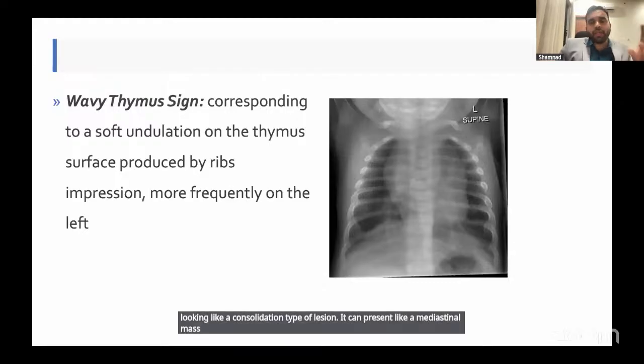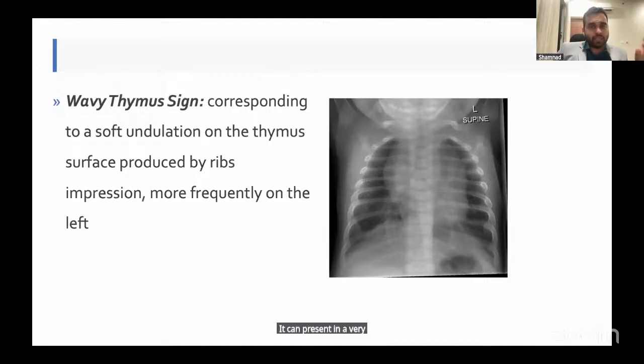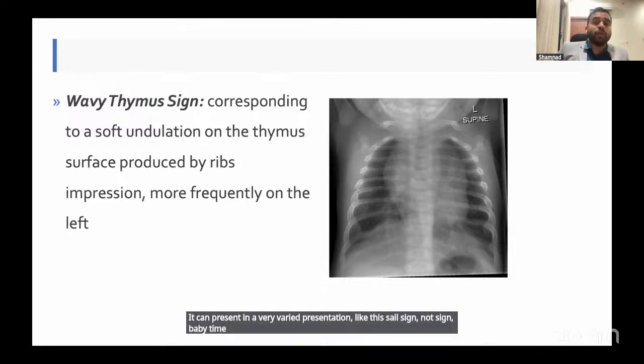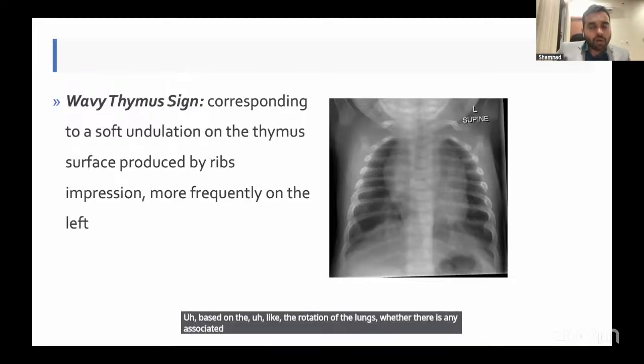So thymus is something which you should keep in the back of your mind whenever you see something above the heart, that is a superior mediastinal white shadow, because it can present in a very varied presentation, like this sail sign, notch sign, wavy thymus sign, like an ectopic mass, or like a consolidation, or like a figure of eight, based on the rotation of the lungs, whether there is any associated pneumothorax and all. So thymus can present in very varied ways in neonates.